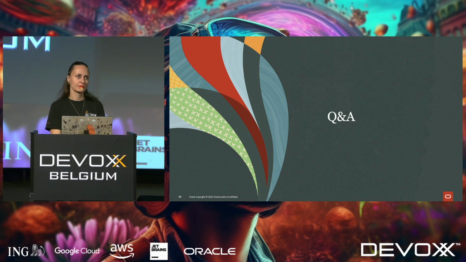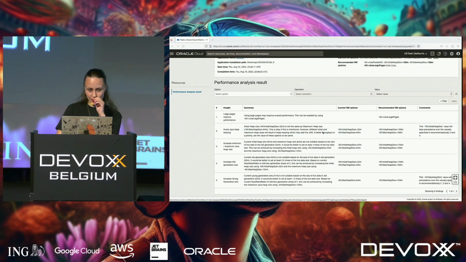Any other question? Yes. The question was, does it work well if you're migrating from a much older version? I think the answer to that one, given the generic question, is yes. I forgot to show you something.